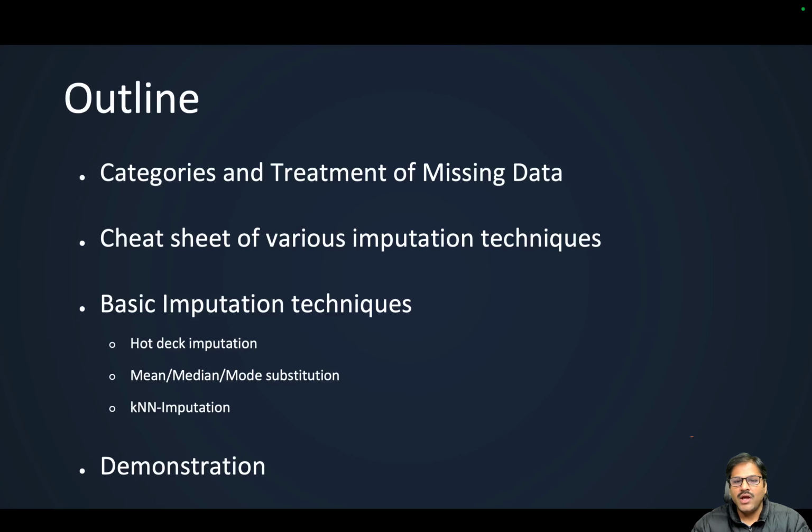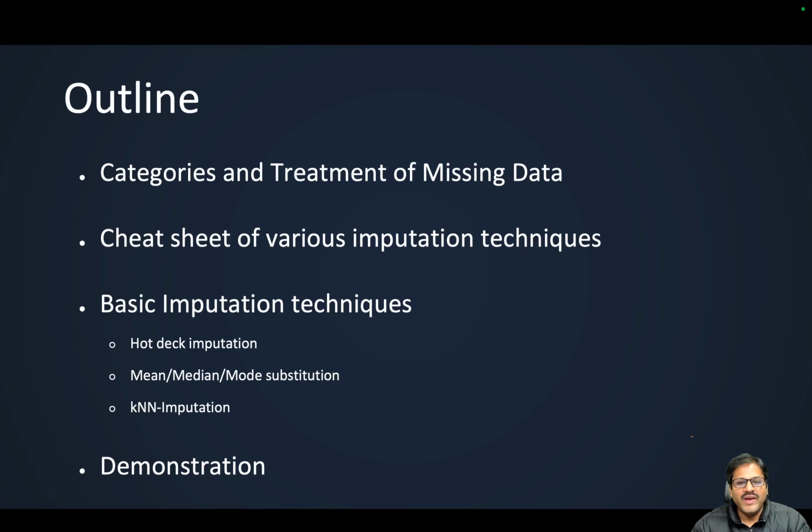The outline of this video is as follows. First, we discuss the various categories of missing data and how to treat them. Second, we provide the cheat sheet of various imputation techniques for handling different forms of data.